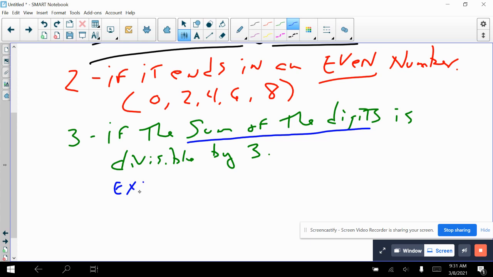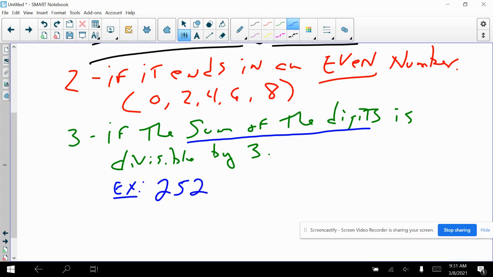So, an example, right? So, if you have the number 252, and you want to know, is 252 divisible by 3 without dividing? See, that's the whole idea here. You don't want to divide. What does the definition say we do?